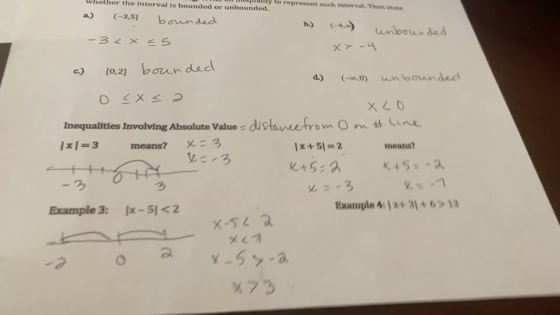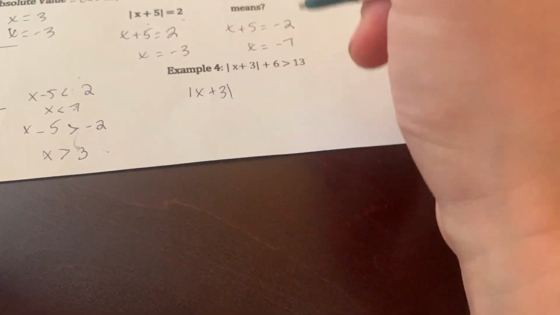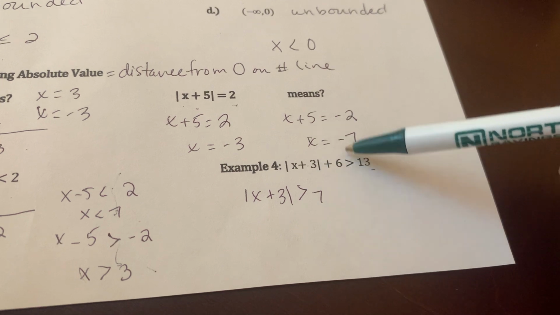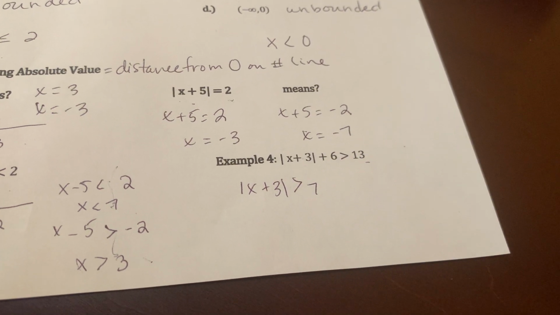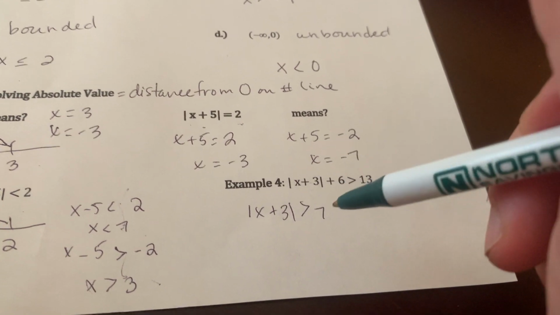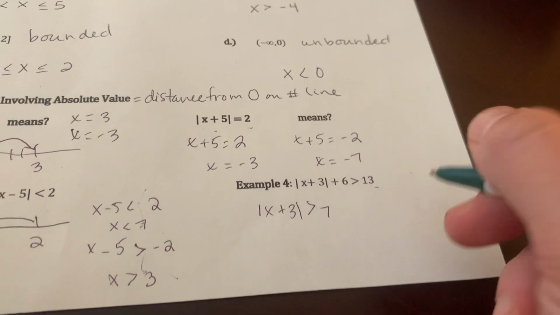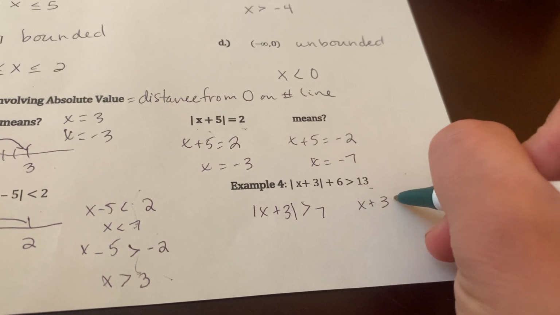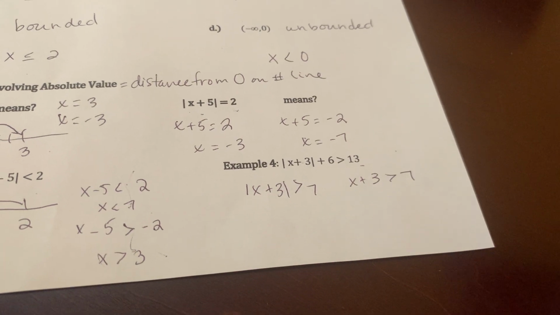I'm fine either way. Here, you have to get the absolute value bars by themselves because if I told you what's the distance, you'd say 13, but it's not because there's a 6 in the way. Your distance is actually 7. So if you want a distance greater than 7, you'd want like the number 7, 8, 9, 10. Those numbers are greater than 7.